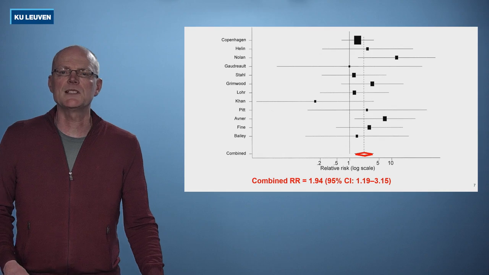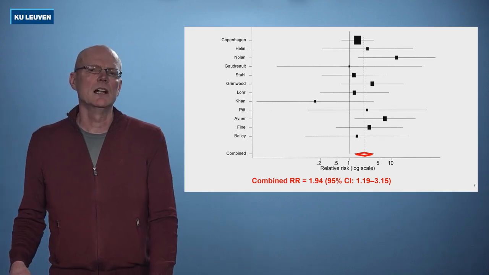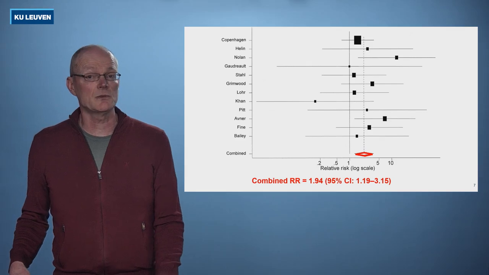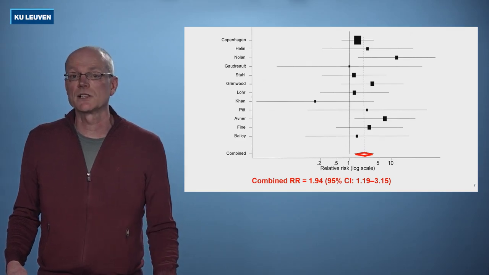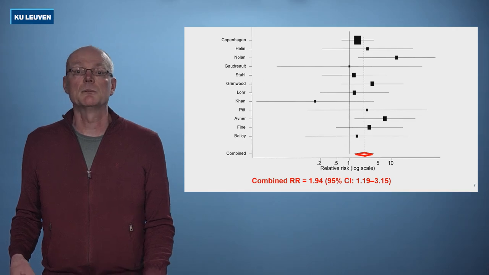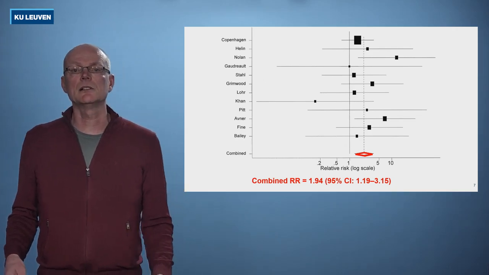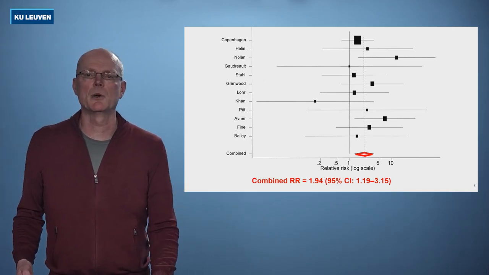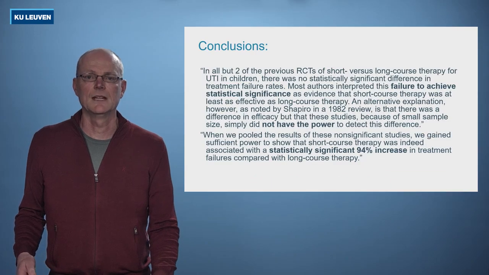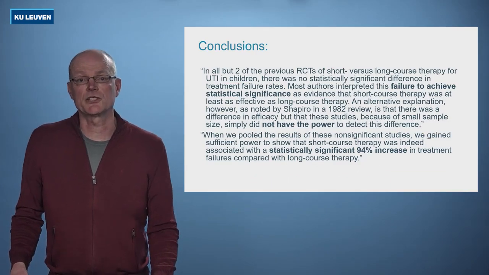What we see here in this dataset looks very similar to what we have seen in the simulation. Individual studies are small, making confidence intervals large and statistical power small. But by combining the data, the interval becomes much smaller and the power higher. Here are the conclusions of the researchers.